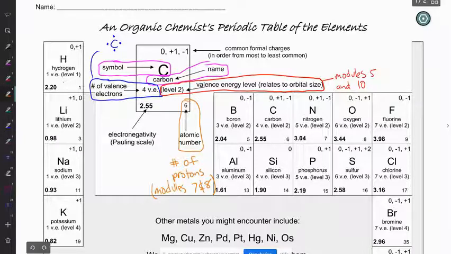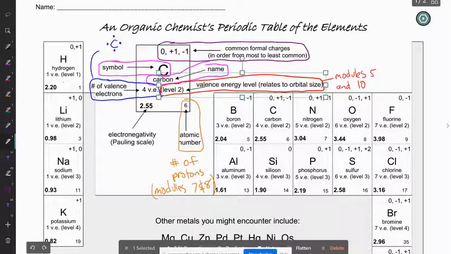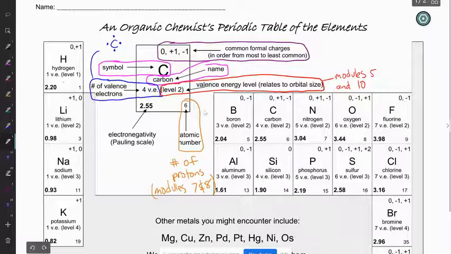When I talked about valence electrons, I mentioned formal charge. For each atom, I give you the common formal charges in order from most common to least common. For most elements, the most common formal charge is 0, right? So most of the structures you see will have 0. So you see for most elements, 0 is listed first, except for these metals over here, lithium, sodium, potassium.